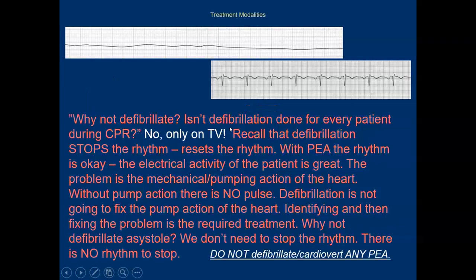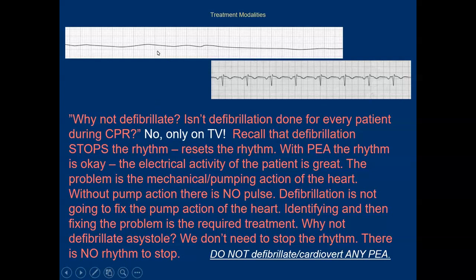All right, this slide is reiterating, why don't I defibrillate? Because a lot of students, well, you look on TV and the flat line is there, and so Grey's Anatomy shocked the patient. Again, with PEA and asystole, there is no rhythm to reboot. With PEA, the rhythm is good. With asystole, there's no rhythm, so we don't need to reboot anything.